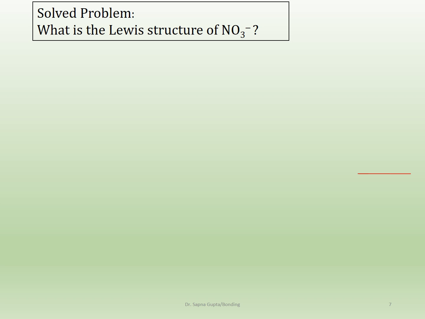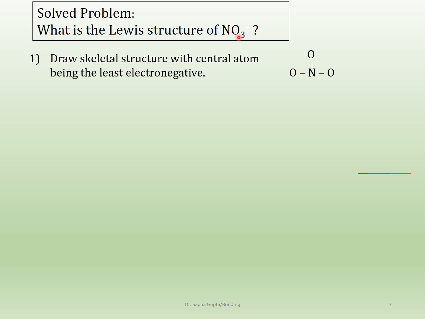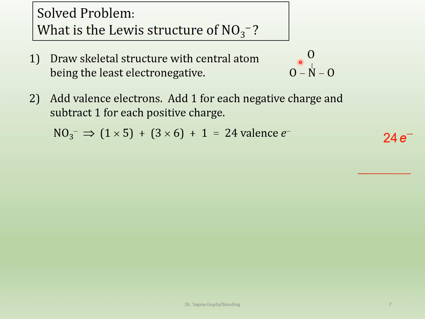So here is an example for writing another Lewis structure, and this one is for nitrate. I took a polyatomic ion so you have a bit more of an idea how to draw when you have multiple atoms. First, we'll draw the skeletal structure as we did before. The least electronegative element between nitrogen and oxygen is nitrogen, so we put that in the center, and then connect each of the oxygens with one single bond.